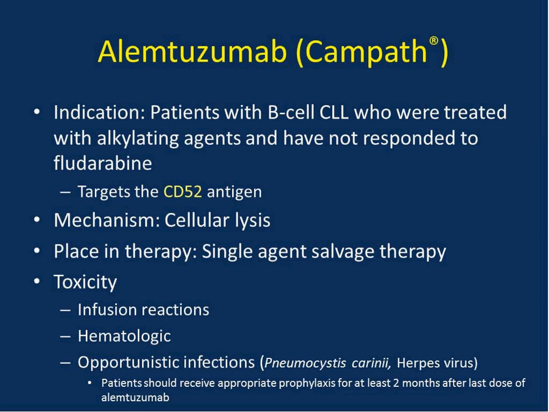And I will say, we see this occasionally, but with the advent of newer agents for CLL, I would say that this has definitely fallen by the wayside, but we will use it occasionally in patients that have had other therapies or are not eligible for clinical studies. It's fairly toxic and not really easy for patients to tolerate, so it's definitely not one of our first-line choices.